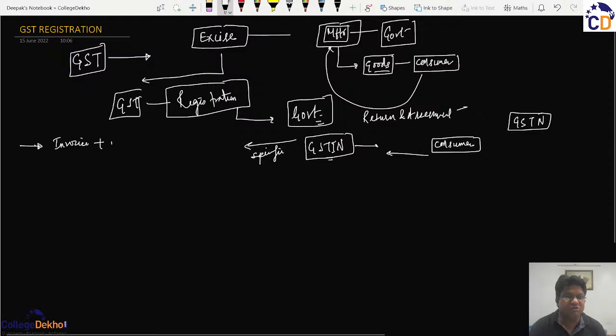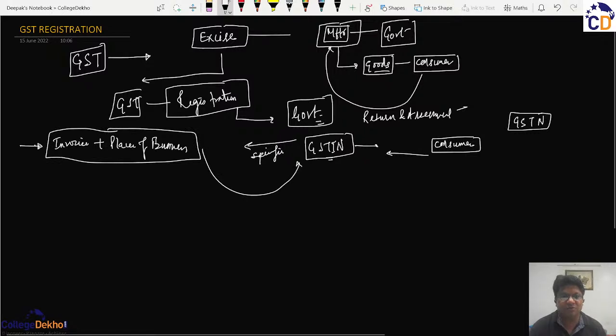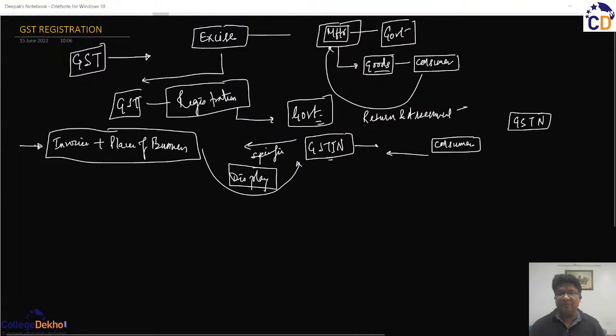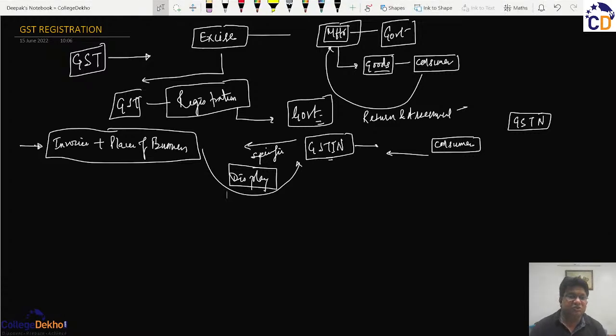So all invoices and all places of business of such GST collectors have to prominently display this GST number so that the consumer knows to whom he is paying the taxes. If we understand the prime importance of GST registration, then you will realize how crucial registration is for GST management.